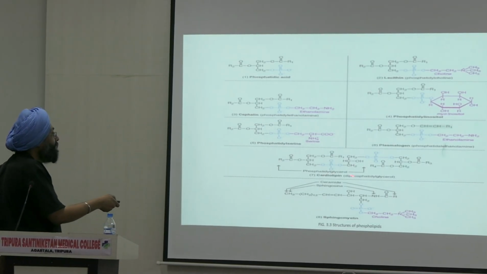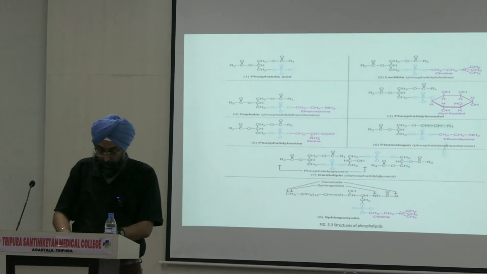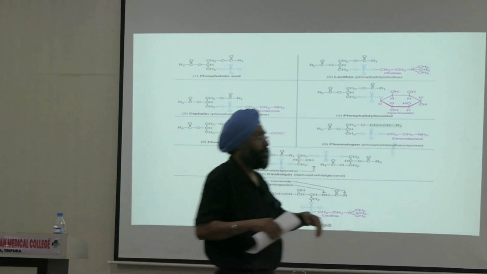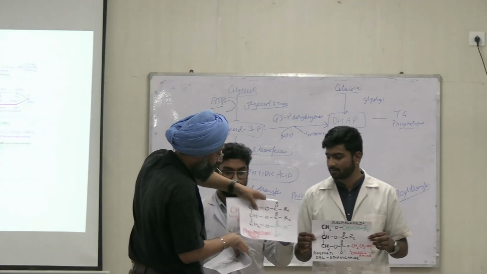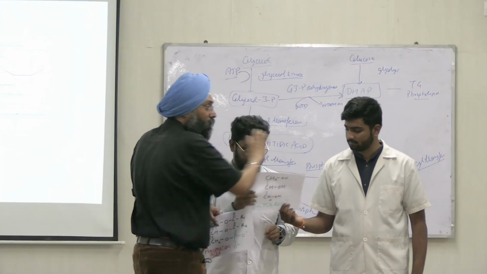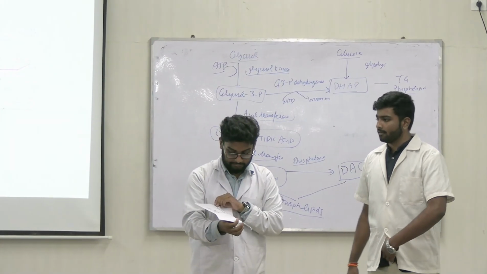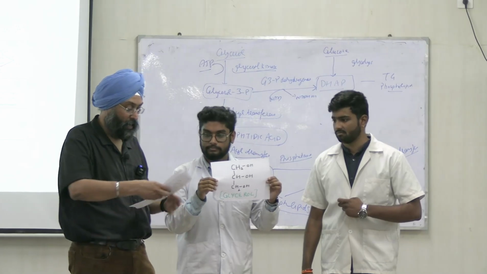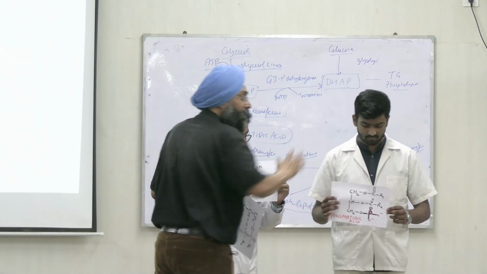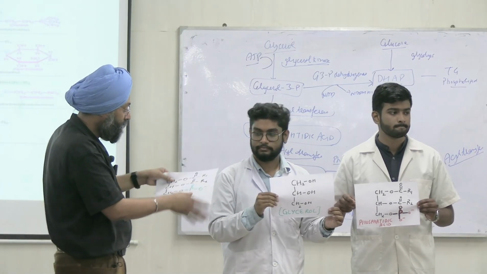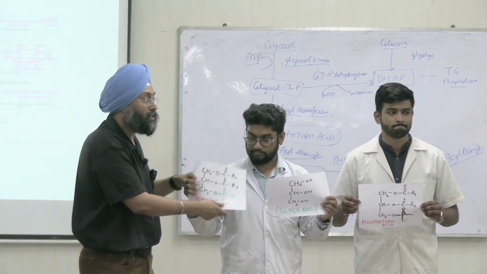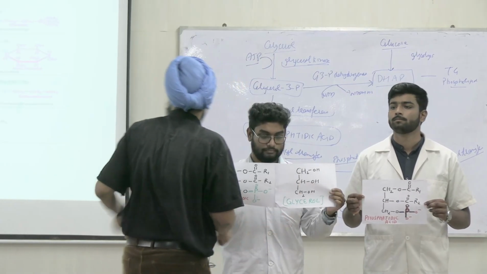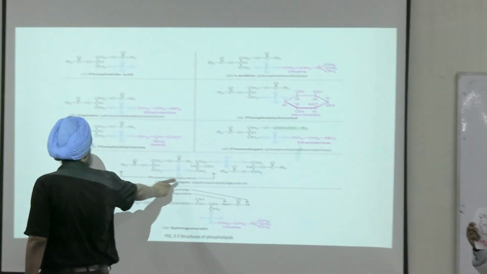Now the next is cardiolipin. What is cardiolipin? You are familiar with the structure of glycerol now? What is glycerol having? 3 OH groups, and 1 phosphatidic acid is attached. But when we attach to glycerol 1 phosphatidic acid at carbon 1 and 1 at carbon 3, it becomes our cardiolipin.